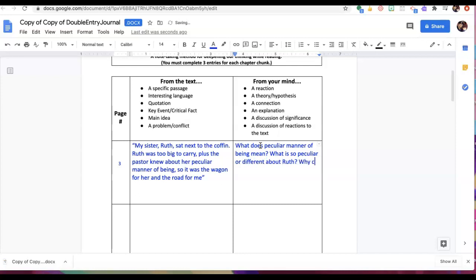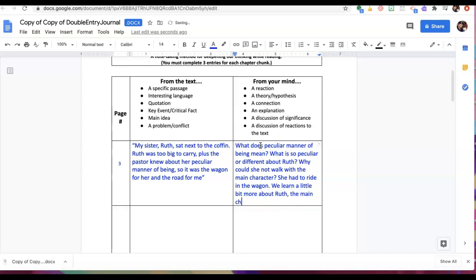Why could she not walk with the main character? She had to ride in the wagon. So those are my thoughts. Those are my reactions. These are my questions. So we learn a little bit more about Ruth, the main character's sister.